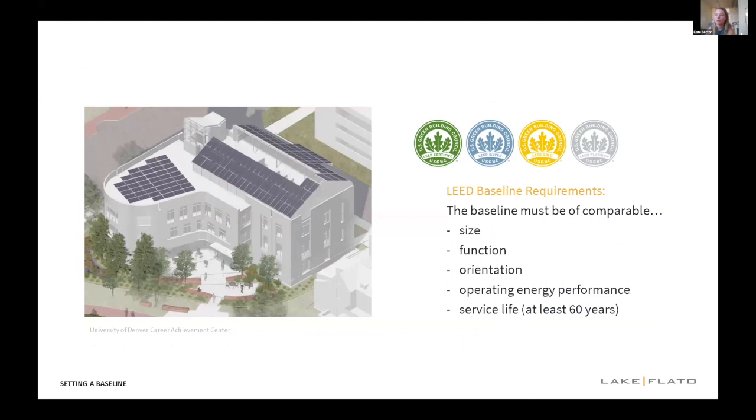And so a big component and lesson learned from this project was understanding how to create a baseline. This is the first time I had experienced this, and really LEED just describes baseline as something of comparable size, function, orientation, operating energy, and service life, right? So it's a bit vague, and given that there aren't baselines right now, like Roderick was saying, we have EUI baselines, but we don't quite have a baseline when it comes to carbon.